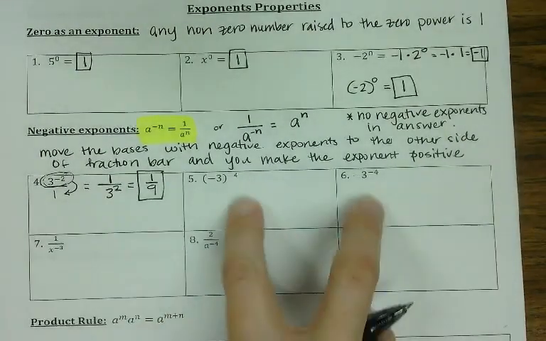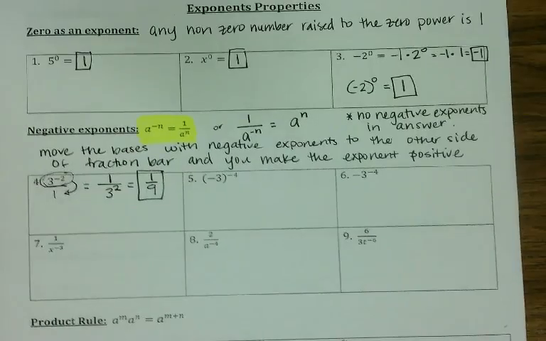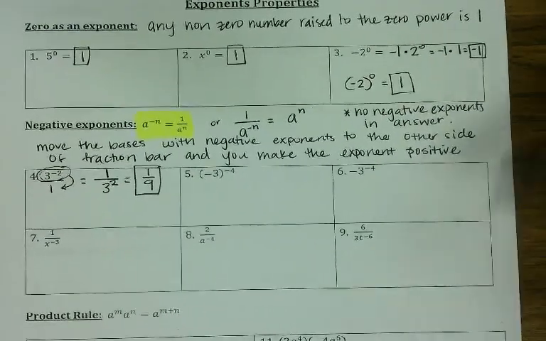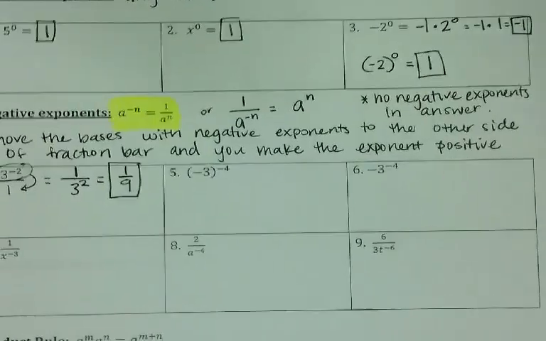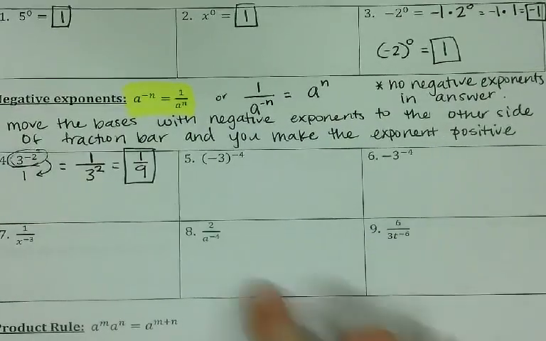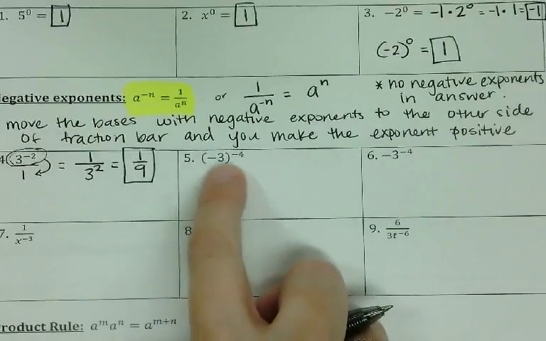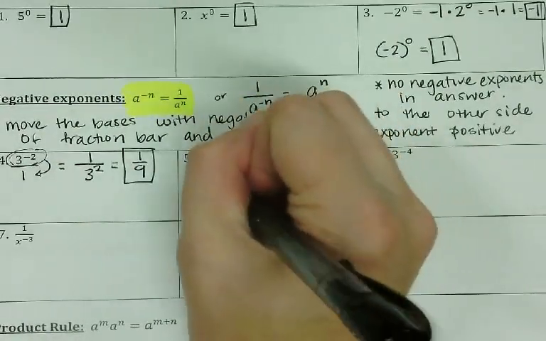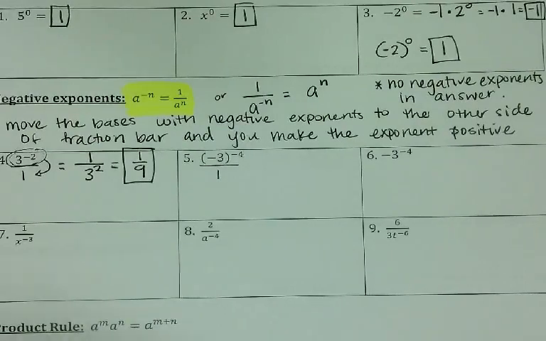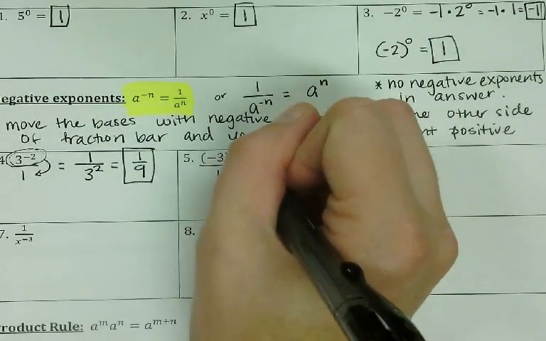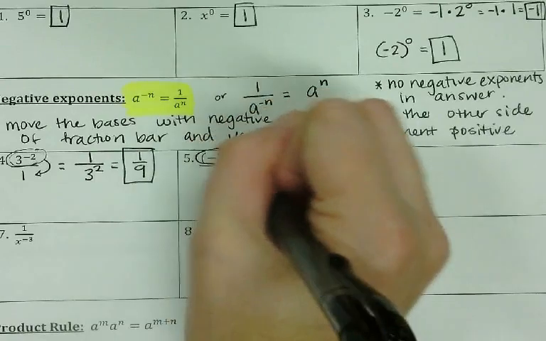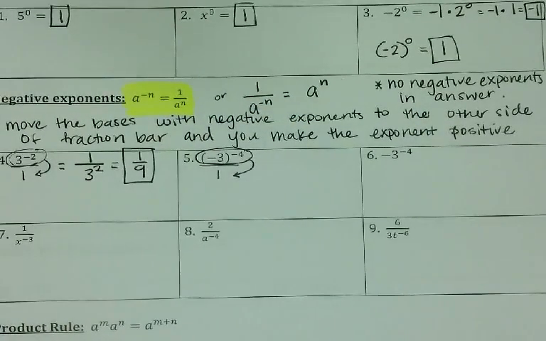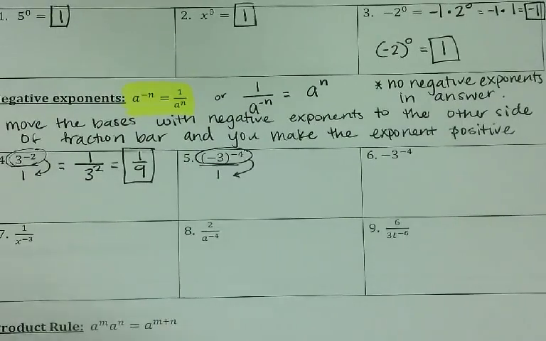All right, I like number 5 and 6 because they're similar, but there's a big difference there with that little parentheses. So let's take a look at number 5 here. This negative 4 is raising all of that negative 3 to the negative 4th power. So we are going to take this entire thing and move it to the bottom of the fraction bar, down into the denominator.